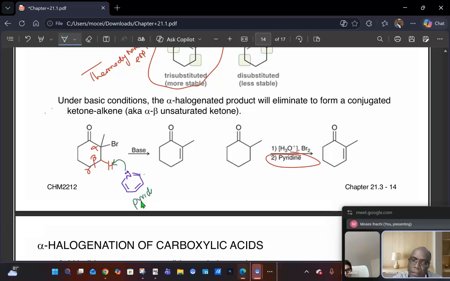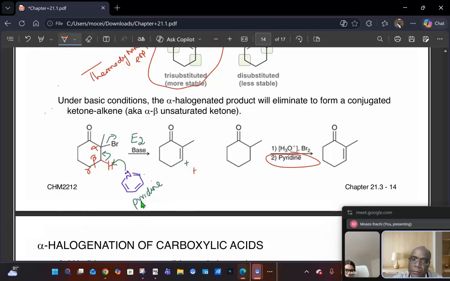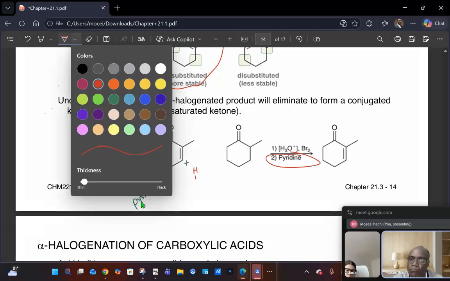This is our pyridine. It takes that out, and this goes here, and that goes out. And that reaction, we called it E2. Pyridine is not a strong base, but it will do the job here. And then the pyridine itself now will be protonated after doing the job.